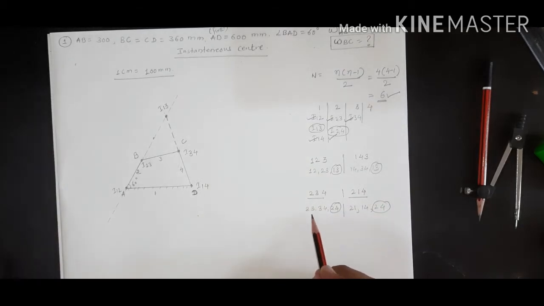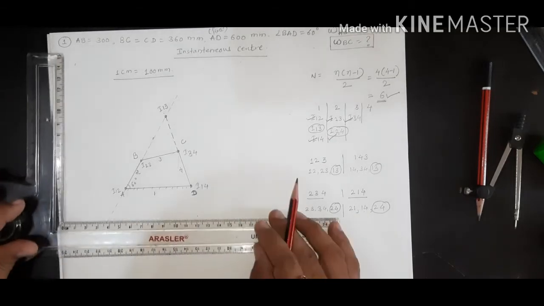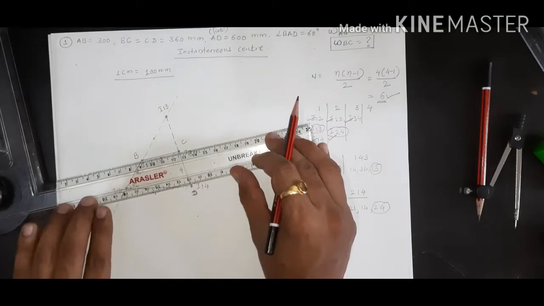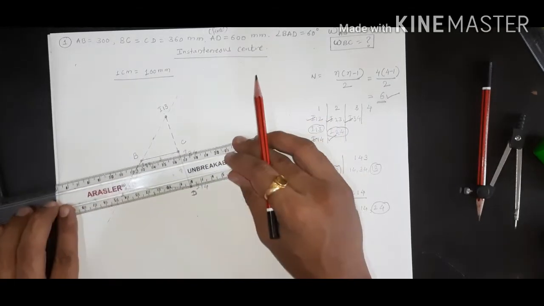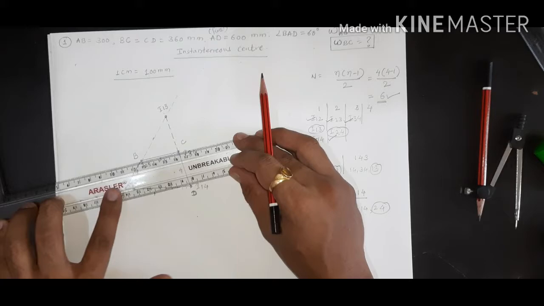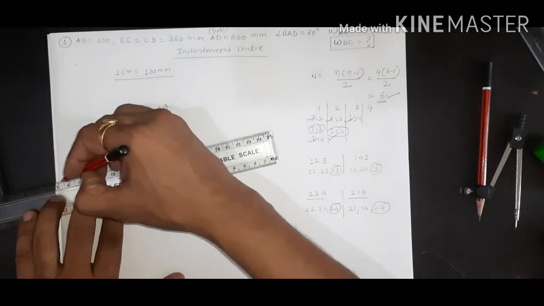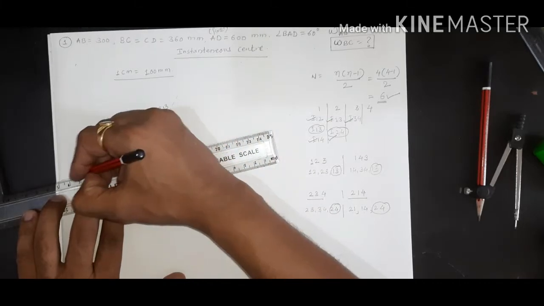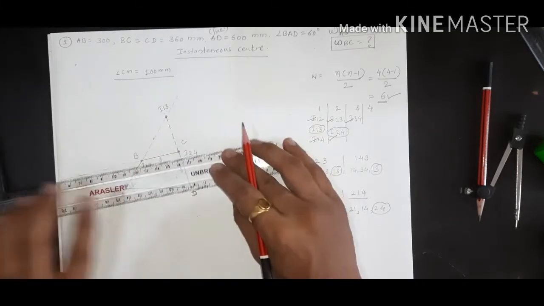We can locate it with the help of these 2 extension lines. So 2, 3 and 3, 4. Now it may be going outside this paper, so bear with me.